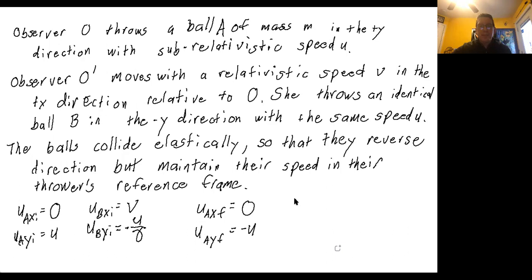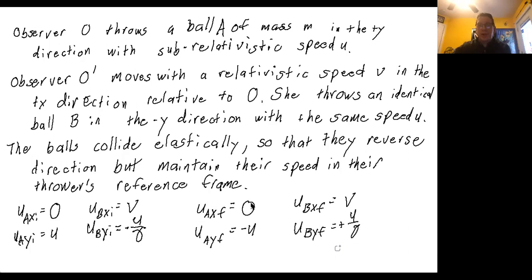In the ball B, its x component remains v, but now its y component is positive u over gamma. So remember, the momentum should be conserved in all reference frames.